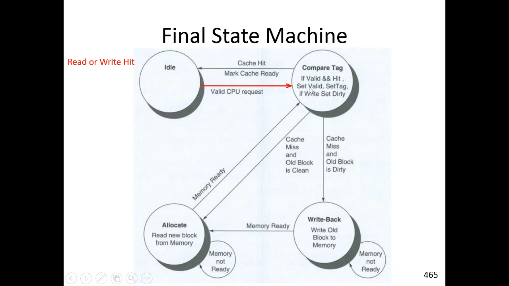The valid tag is set, and we look into the program page table, it's written there, so let's say this was a read, it's a hit, so all we have to do is mark it as cache ready and send it back out. It's there, and then the cache grabs it.